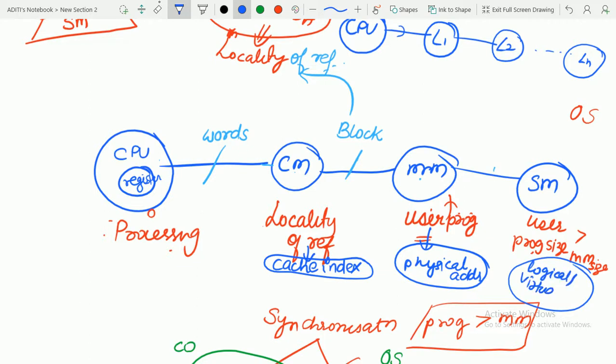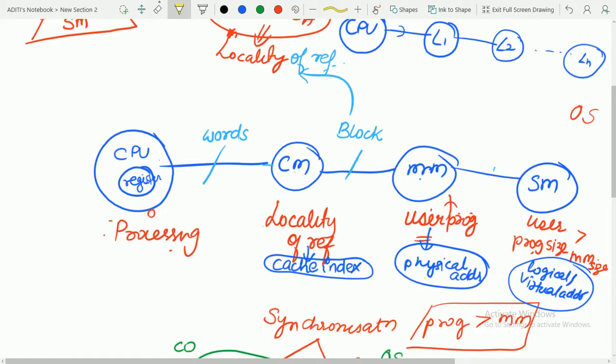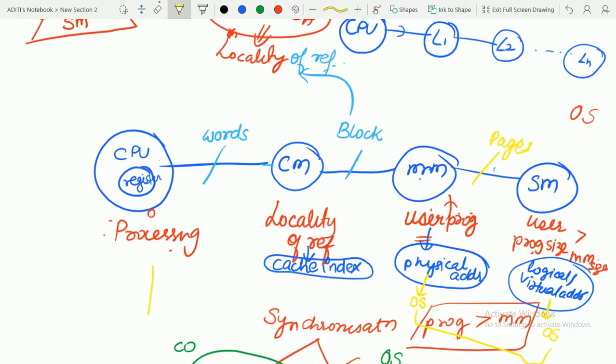As I already told you, the main memory and secondary memory concept, that is paging and the virtual memory concept, is covered in the OS subject. This part, the CPU to cache memory and cache memory to main memory, is taken by CO, that is computer organization.